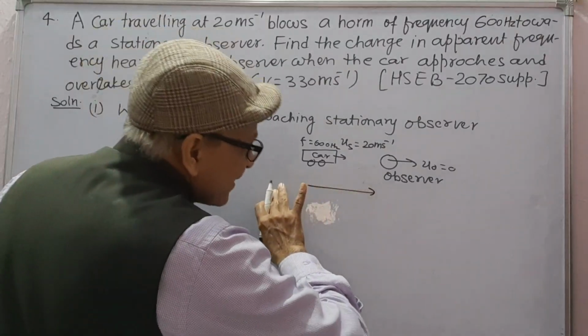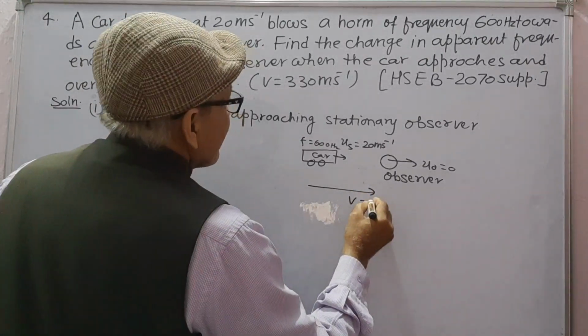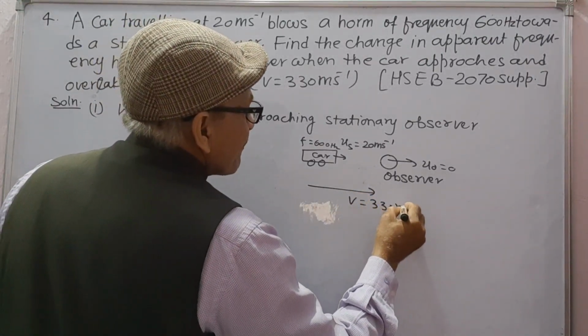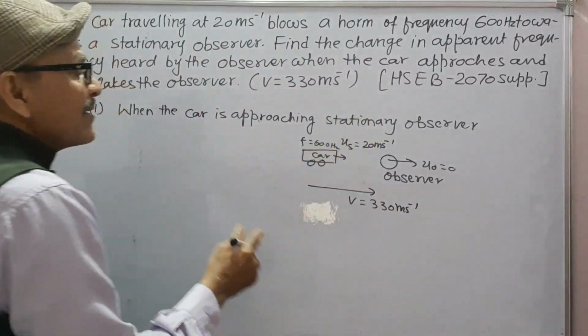Velocity of sound is coming towards this side. V is 330 meters per second. With respect to this velocity, this is positive.